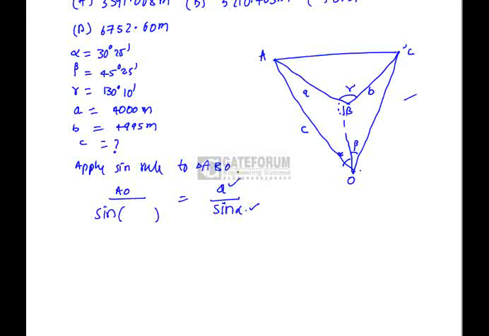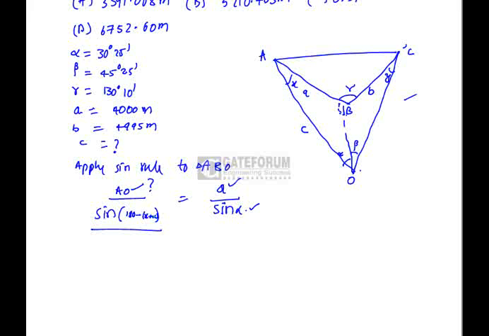Alpha we know, a we know, AO we have to find out, and the sine of this angle we have to calculate. Let me take it as X and this one as Y. So this angle is going to be 180 minus (X plus alpha).